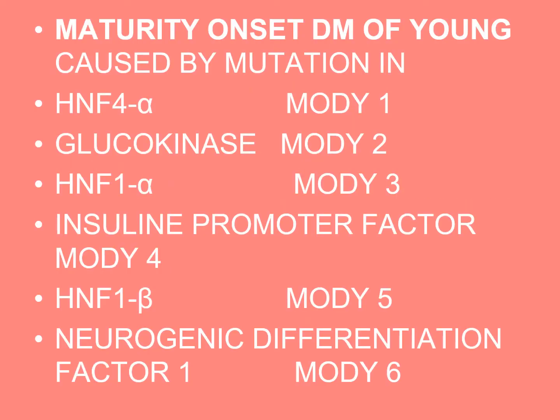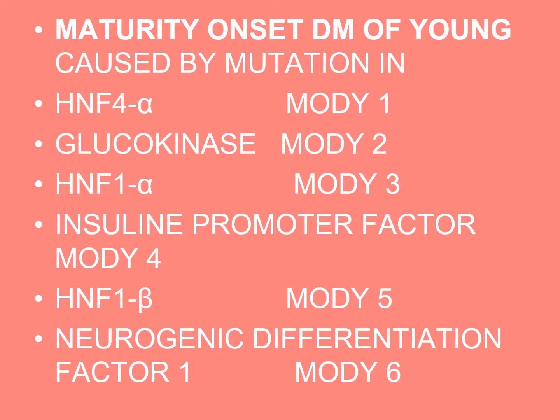This is divided into about four types: the mutation or alteration in the hepatocyte nuclear factor 4 alpha is responsible for MODY 1. The defect in the glucokinase, you must recall from your knowledge of biochemistry and physiology that the glucose is transported into the liver, combined with the molecule of phosphate, and that is with the help of glucokinase.